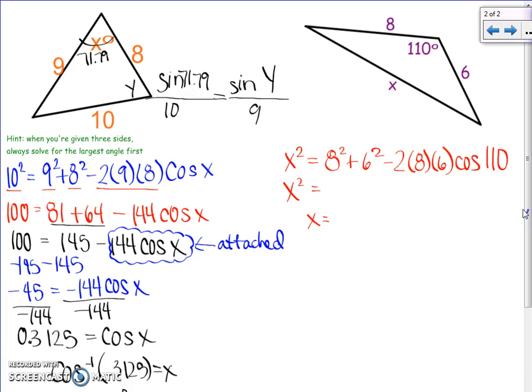So what is that number? 132.83. And then the square root. 11.5. Questions?